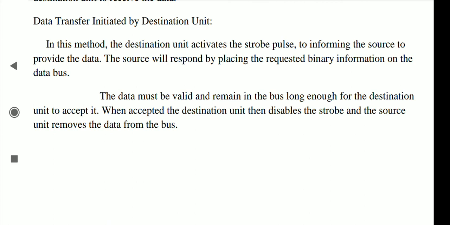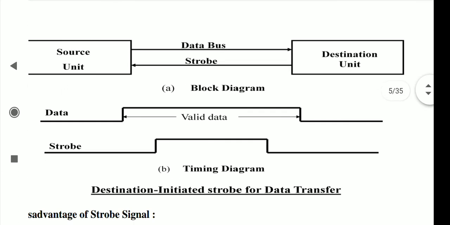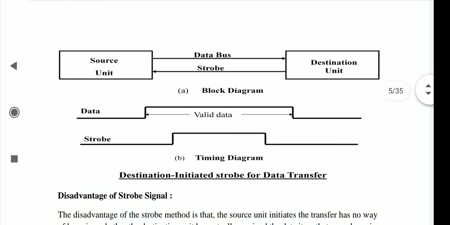When accepted, the destination unit disables the strobe and the source unit removes the data from the bus. The diagram shows the destination-initiated strobe for data transfer.